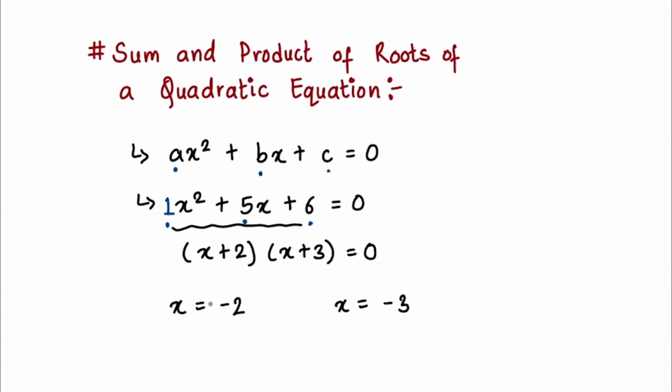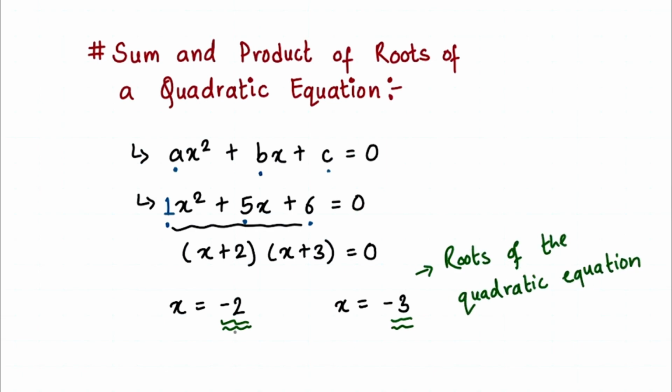Now, the reason I'm talking about all these things is because these two values of x that we got right here at the end are actually called the roots of the quadratic equation. What we mean by roots of a quadratic equation is the two values of x that you get when you solve any quadratic equation. So here in this particular example, minus 2 and minus 3 are the roots of this quadratic equation.